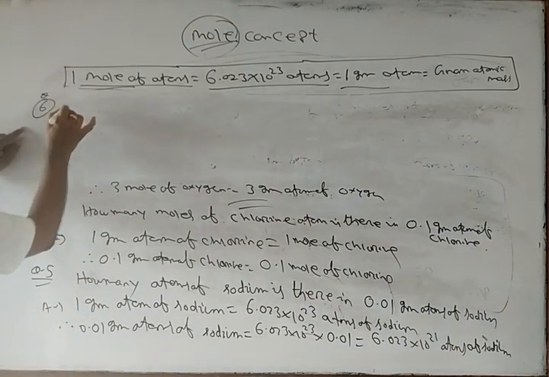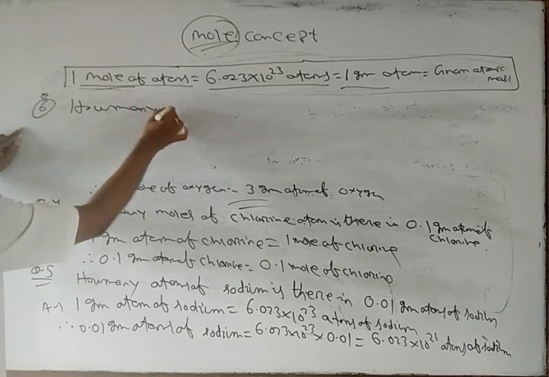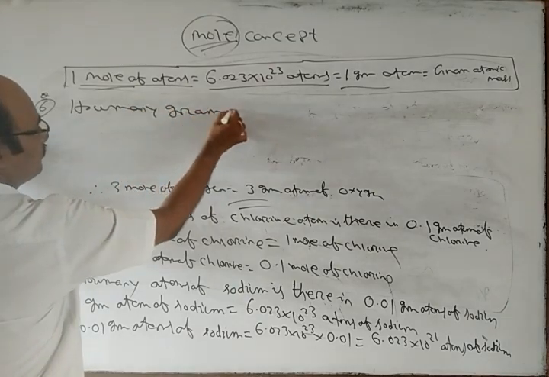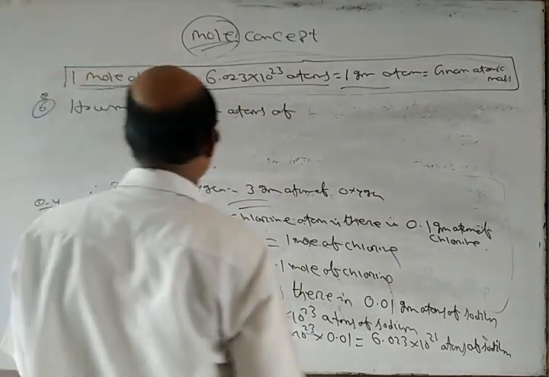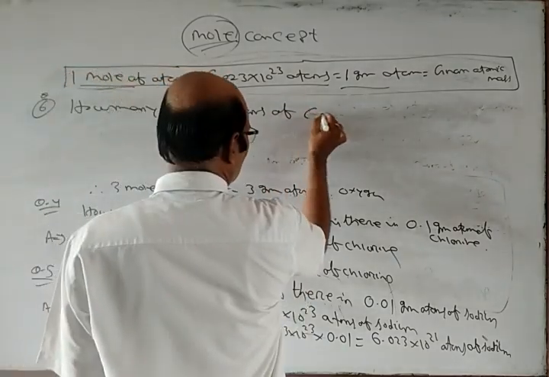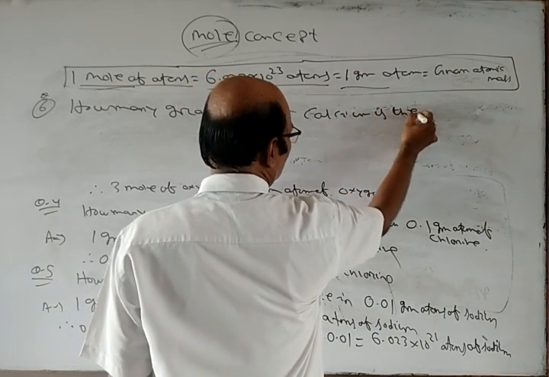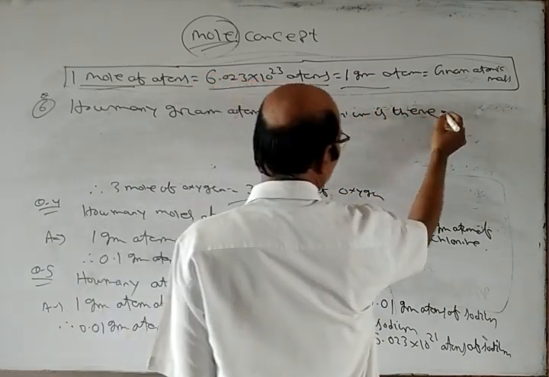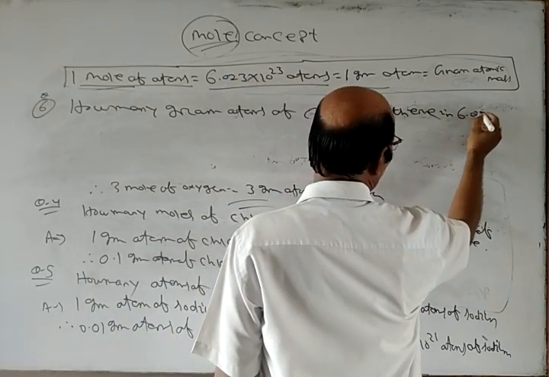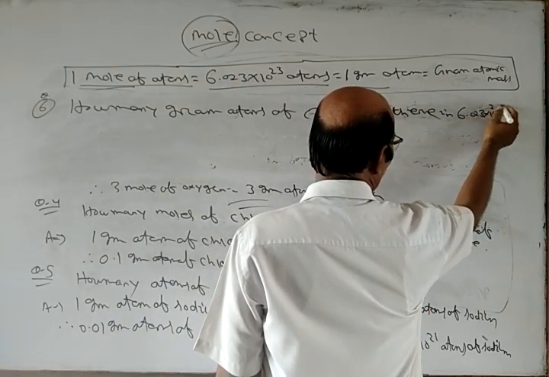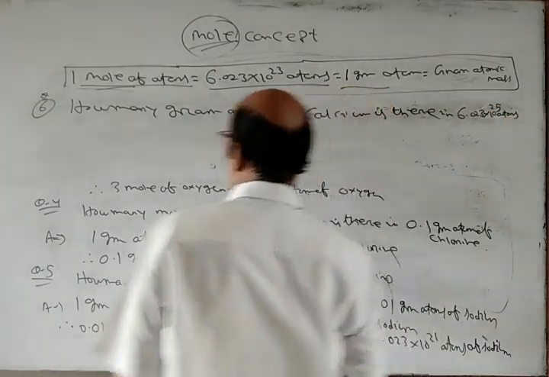Now, how many gram atoms of calcium are there in 6.023 into 10 power 25 atoms of calcium?